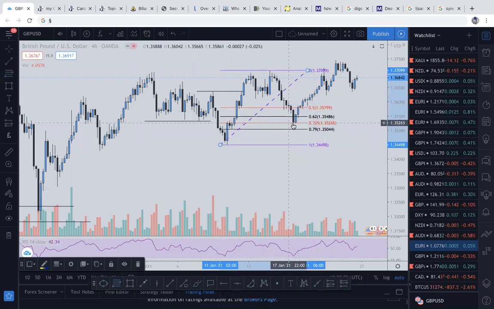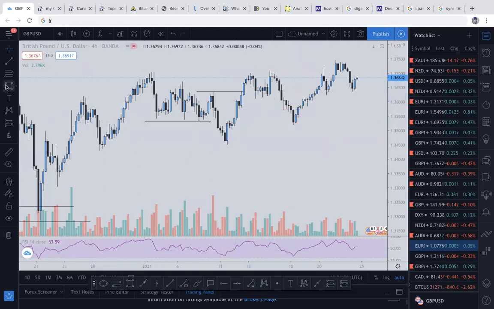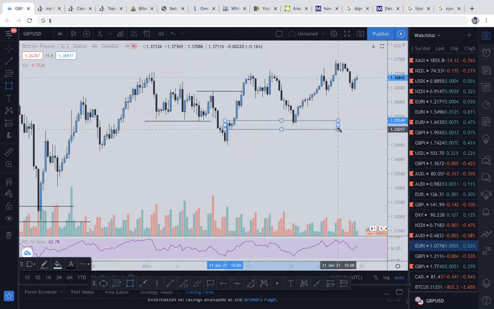Look where price retraced from. And everybody that knows how to trade supply and demand knows that this area is a demand area. So if you take your trade at the 71, your stop loss is just at the wick of the candlestick down here. Your target is here.